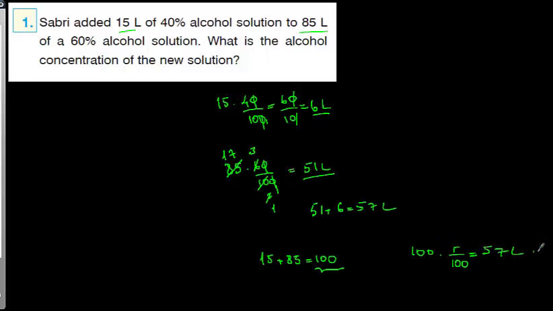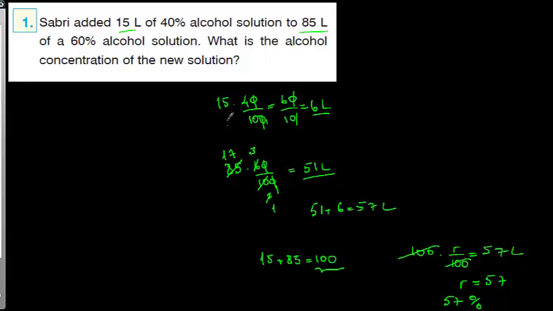So the percent of it, 100 times R over 100, and R is equal to 57, and it means 57%. Did you understand why it is 57%?